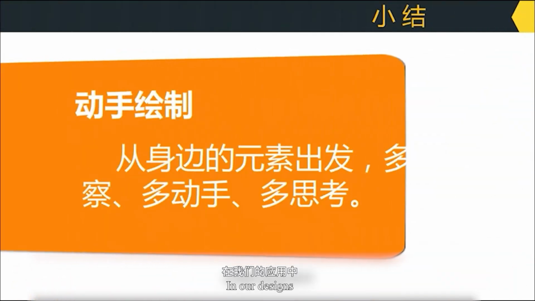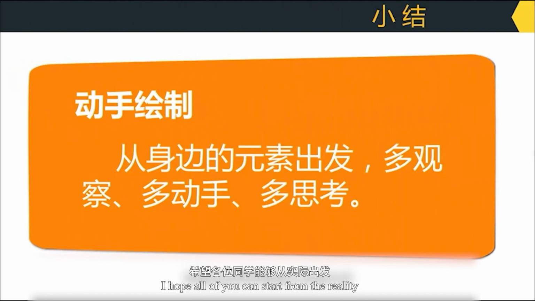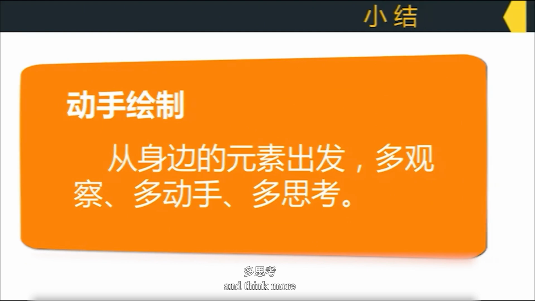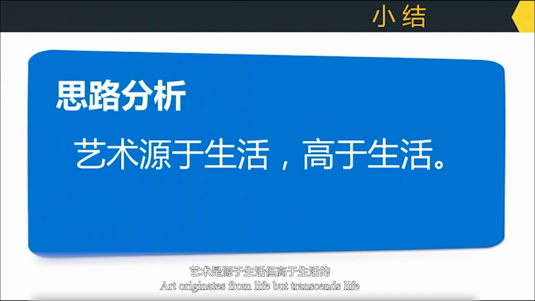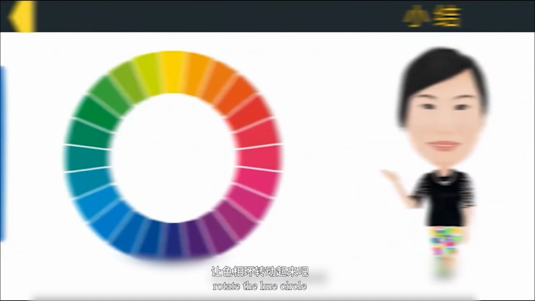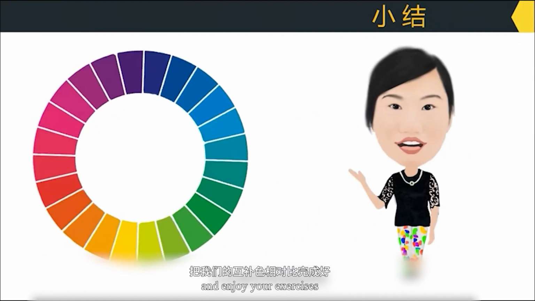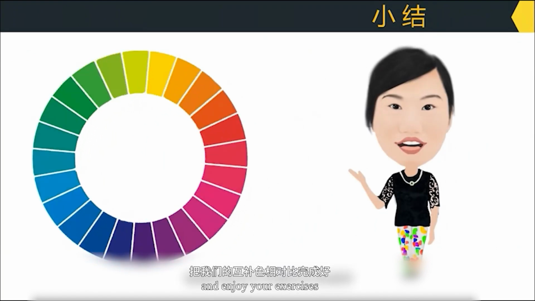In our designs, hope all of you can start from the reality and the elements around you. Observe more, practice more, and think more. Art originates from life but transcends life. Start with your name card, rotate the hue circle, and enjoy your exercises.